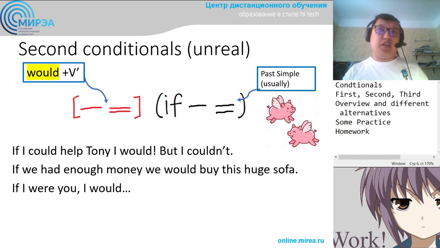It's the same mechanics. You can give recommendations like, if I were you, I wouldn't wear this t-shirt for your work, for example. Or if I were you, I would do the homework on time, you know. But I'm not you, so it's an unreal conditional sentence.